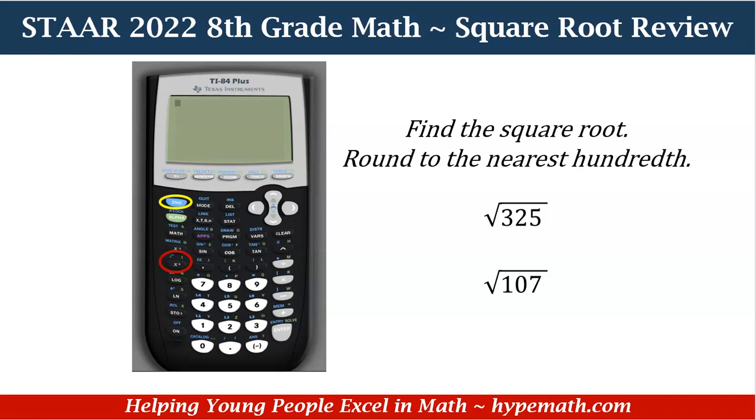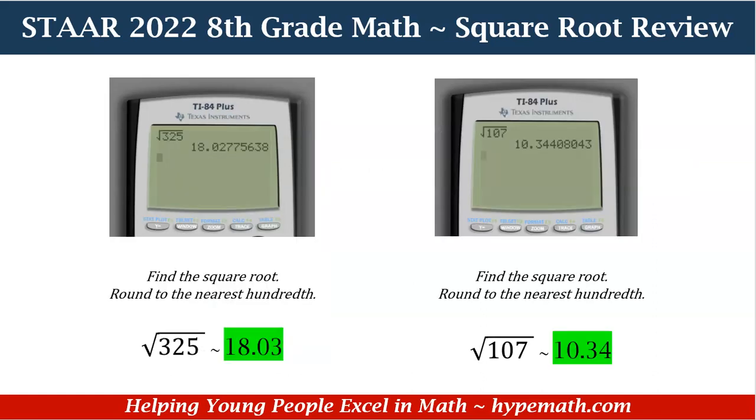So again, we're looking for the square root of 325 and the square root of 107. And we're going to round to the nearest hundredth, which is 2 decimal places behind the decimal, okay? So let's take a look at what that looks like.